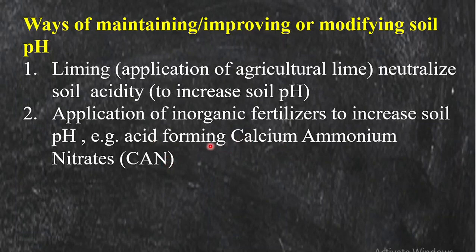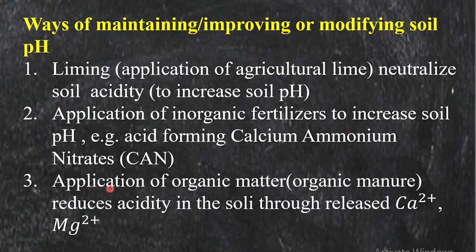So if all you want is to raise the soil pH, you can apply calcium ammonium nitrates. You can also do so by applying organic matter, which is manure. This will reduce acidity in the soil through released calcium ions and magnesium ions. So know all 3 methods of maintaining or modifying soil pH so that you can give any 2 when required in an exam.